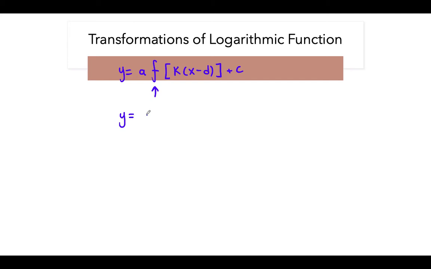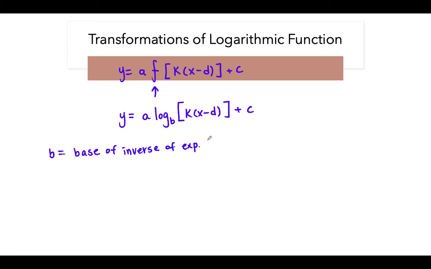So y is equal to a, log to a base of b, and then same thing, k x minus d plus c. Now keep in mind, let's go over some of the letters. So b is the base of logarithmic, or base of inverse of exponential function.